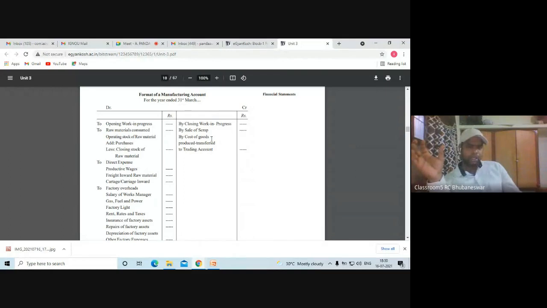Not in a usable condition, so it is sold as fuel, used as firewood, and how much you derive after selling that is negligible, so here it is written by sale of scrap.